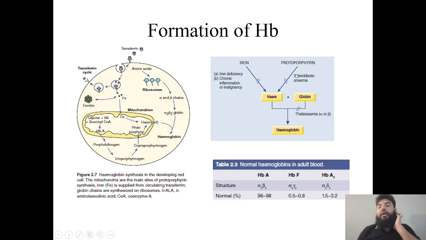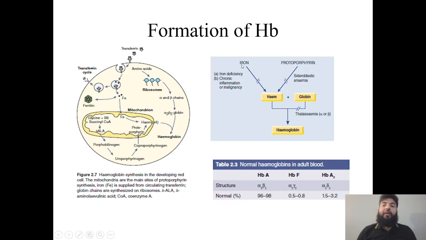So in different types of anemia, such as sideroblastic anemia, different elements such as lead interfere with the enzyme responsible for these reactions, and inhibit the formation of protoporphyrin. So if there is no protoporphyrin, there will be no heme molecule and it will result in decreased hemoglobin level.